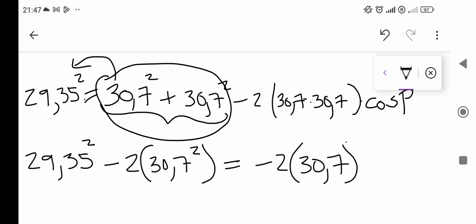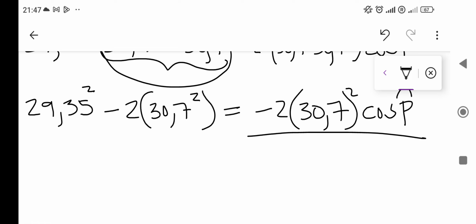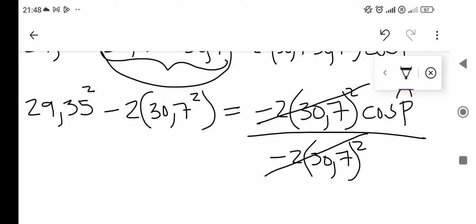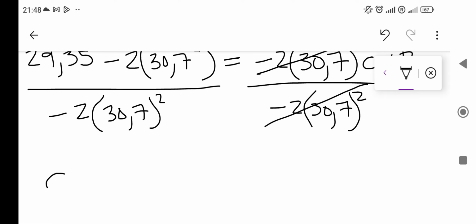That is also squared, and we have the cos angle P. Right, so to get cos of angle P alone, let's divide both sides by minus 2 times 30,7 squared so that they can cancel, but we need to do it on both sides. Okay, so we are left with cos of angle P.